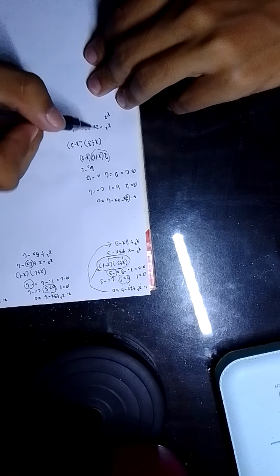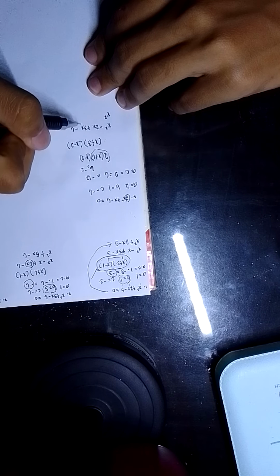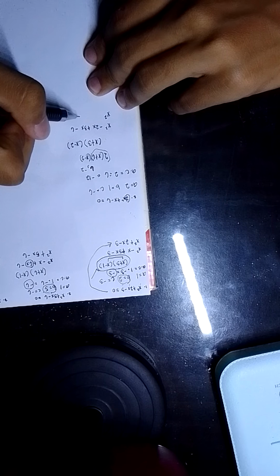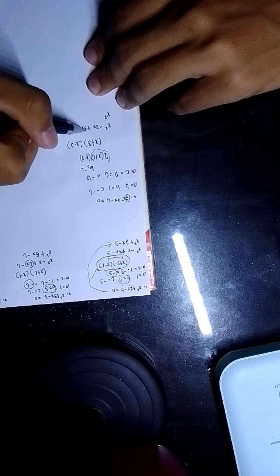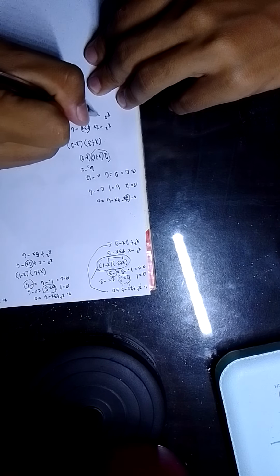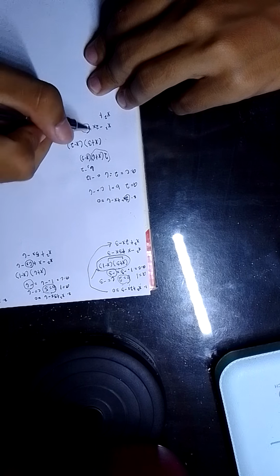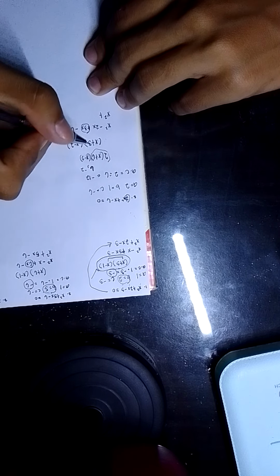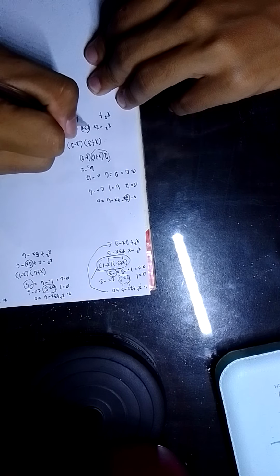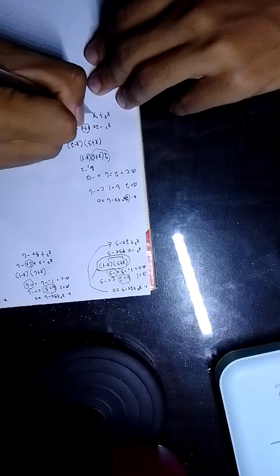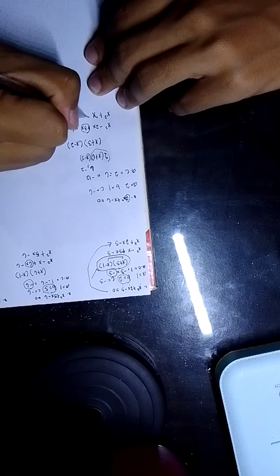Since we will be adding negative and positive, we're going to subtract these two. Hence, the positive sign is bigger, so we're going to use the sign positive. Negative 2x plus 3x will have the answer 1x, then copy negative 6.